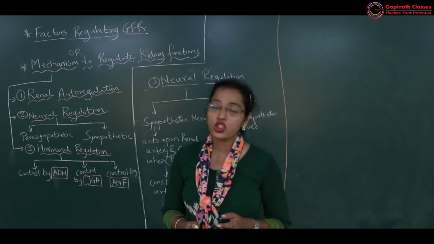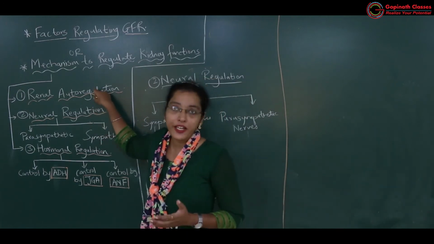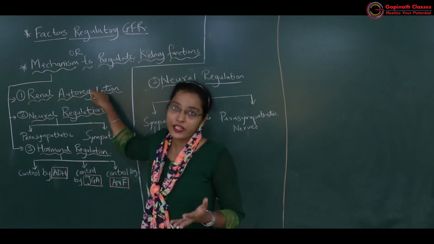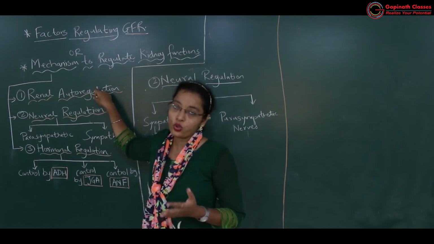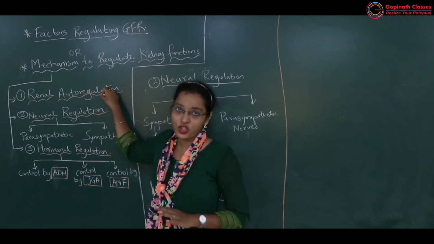Okay, got it. So renal autoregulation तो है किडनी के पास, how to regulate the blood flow to the kidney and how to regulate the GFR.